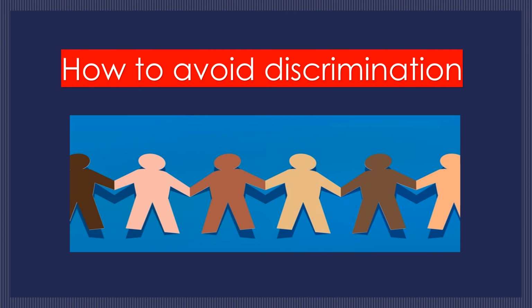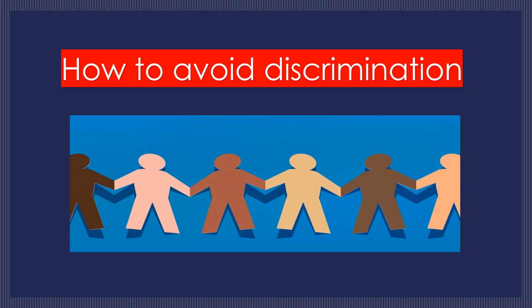Number 7, how to avoid discrimination. Here I have a lot of instructions. If we all follow them, we will kill discrimination in this world. Number 1, respect cultural and racial differences in the workplace. 2, be professional in conduct and speech. 3, refuse to initiate, participate in, or condone discrimination and harassment. 4, avoid race-based or culturally offensive humor and pranks.